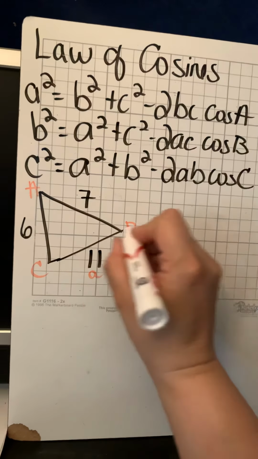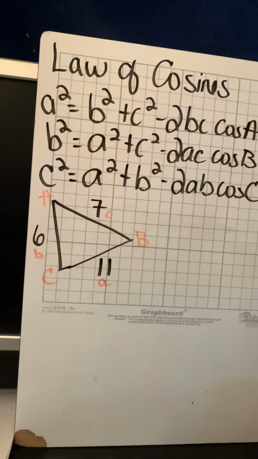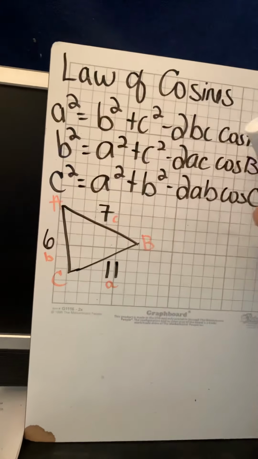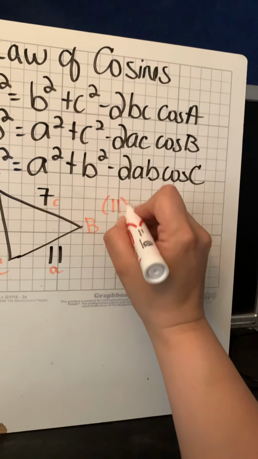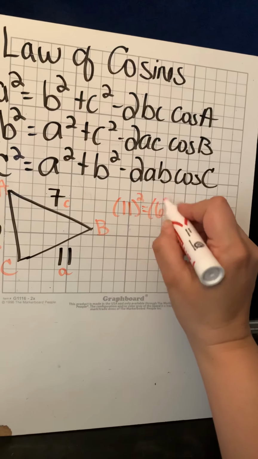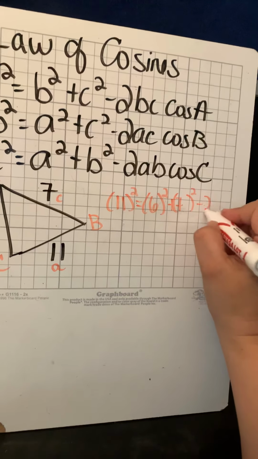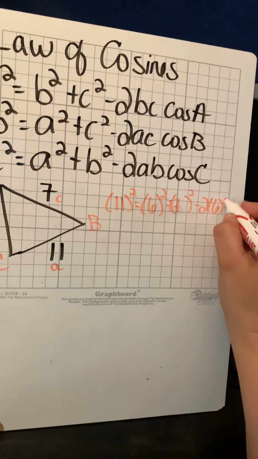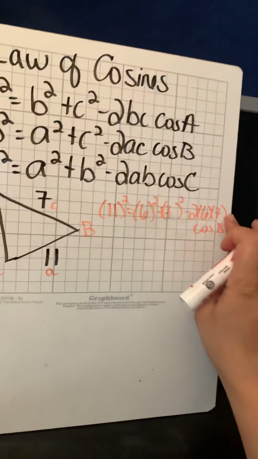Little a across from this, little b across from that, little c. So let's plug into this one right here. So we would have a squared equals b squared plus c squared minus 2bc cosine big A.